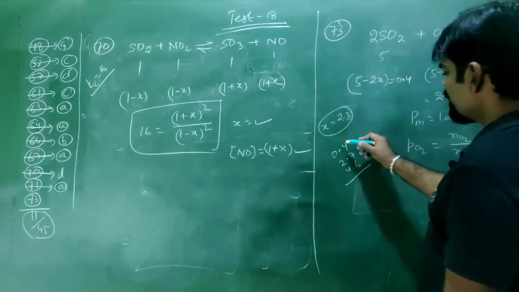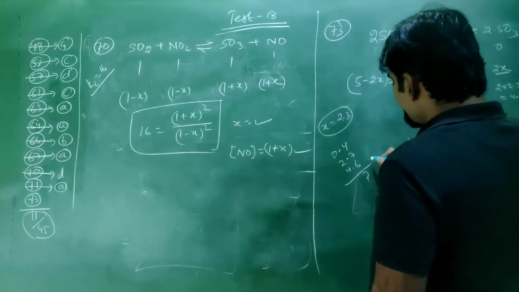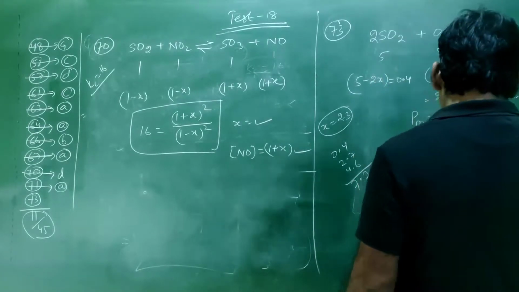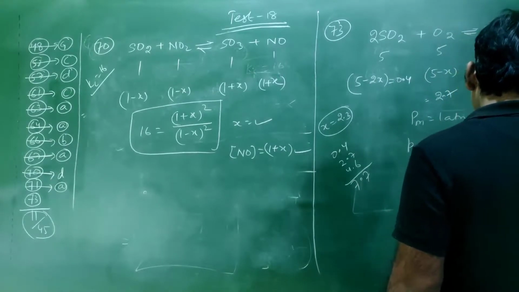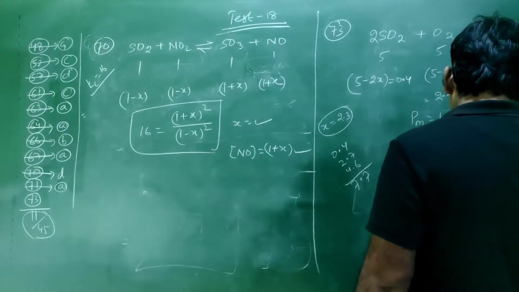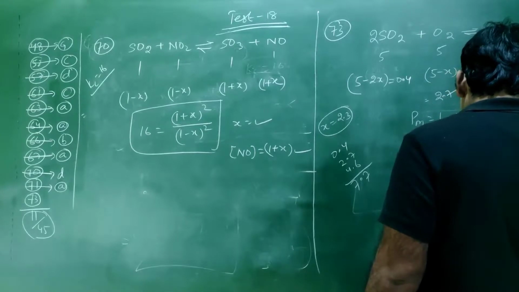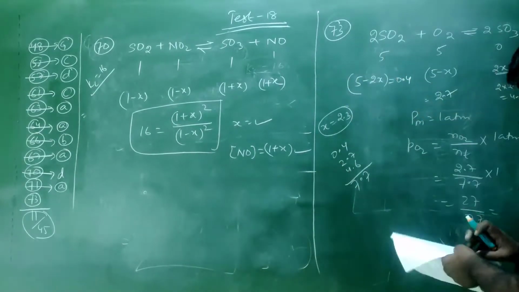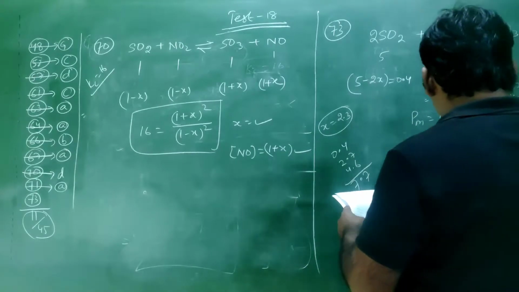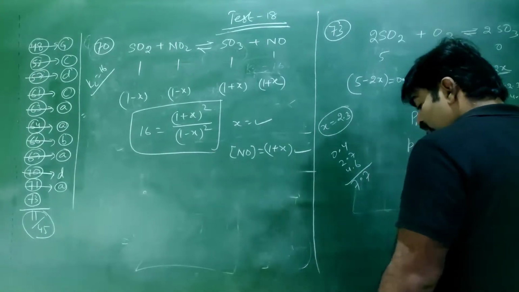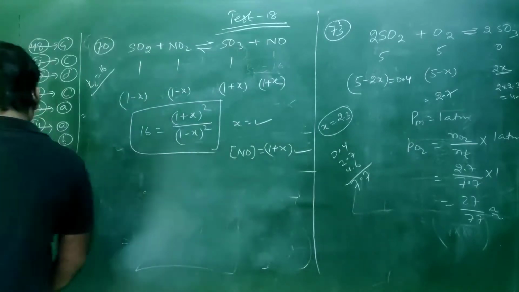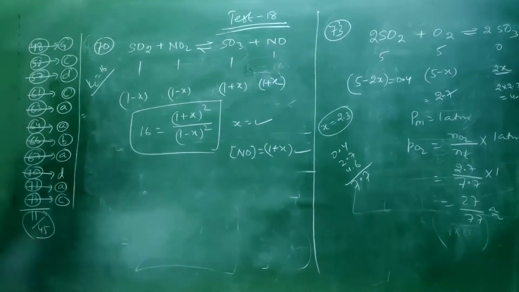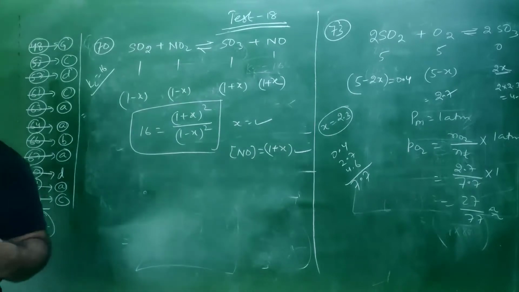That comes to 7.7. So total moles is 7.7, multiplied by 1 atmosphere, that is 2.7 divided by 7.7, which is approximately 0.35. So we'll get the answer, which is C. 73 answer is C.